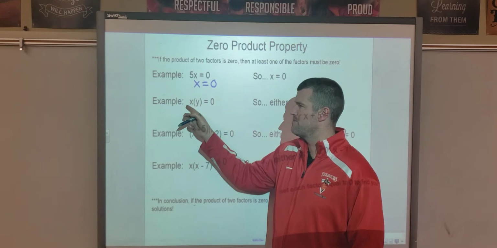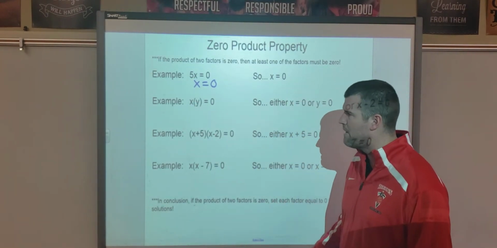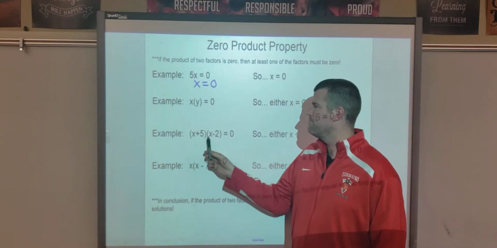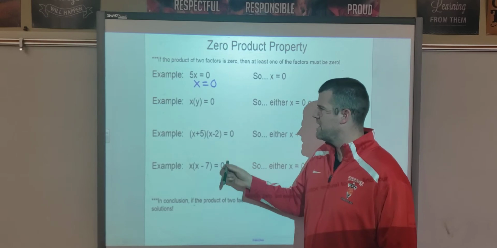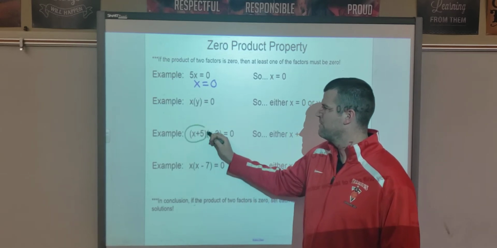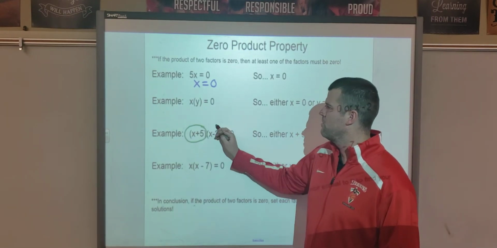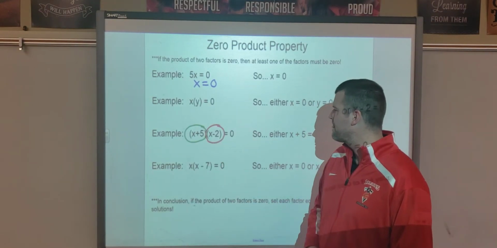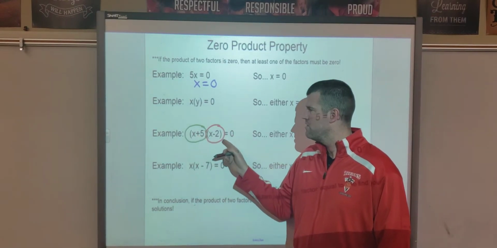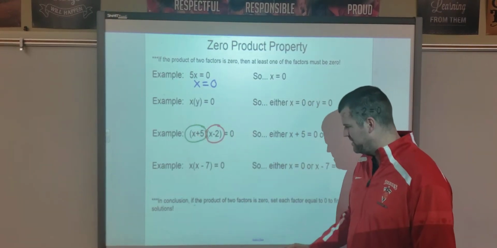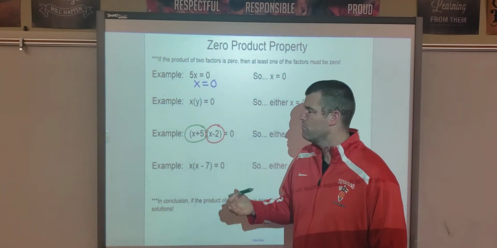Likewise, if we have two binomials and we multiply them together and we get 0, we know that either this binomial becomes 0 or this binomial becomes 0. So essentially I know that either x plus 5 is equal to 0 or x minus 2 is equal to 0.